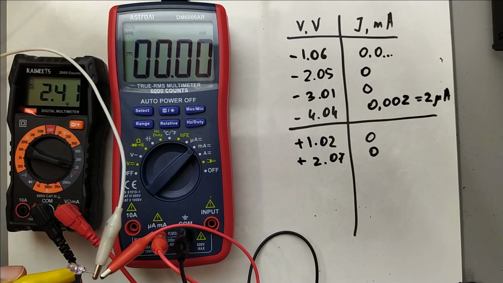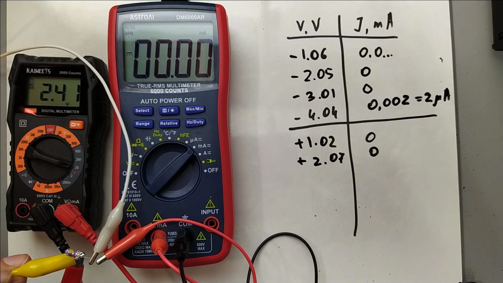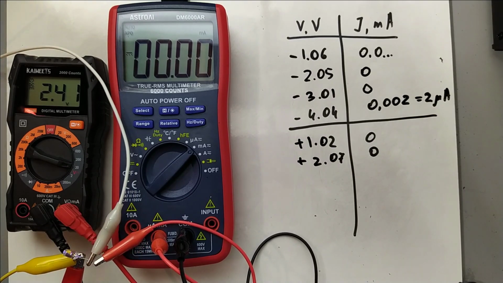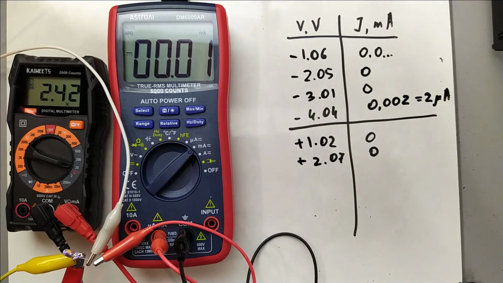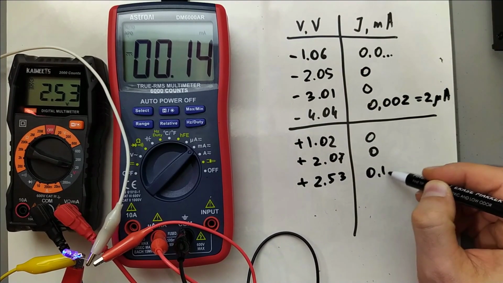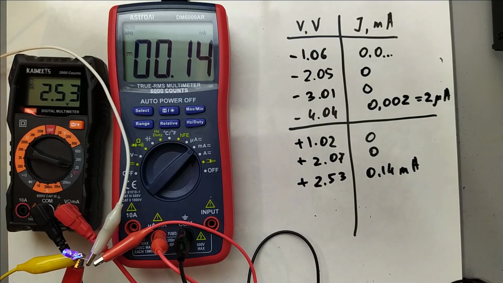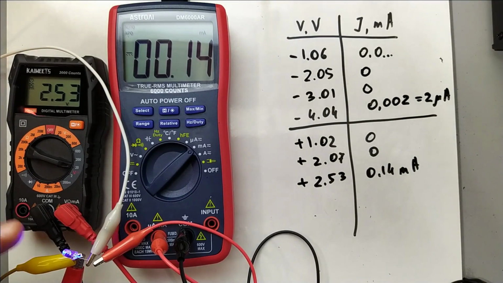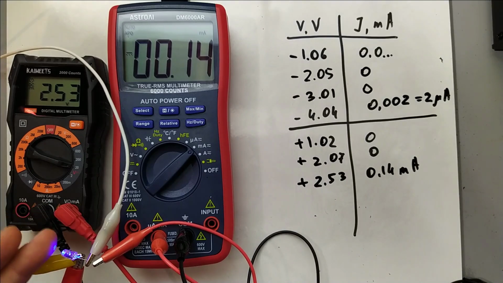I'm not sure if you can see in this camera, but it's very dim, and no current, but already at just a little bit higher voltage, which is 2.53, we have 0.14 milliampere, and it's already visible blue light emitting from this LED.